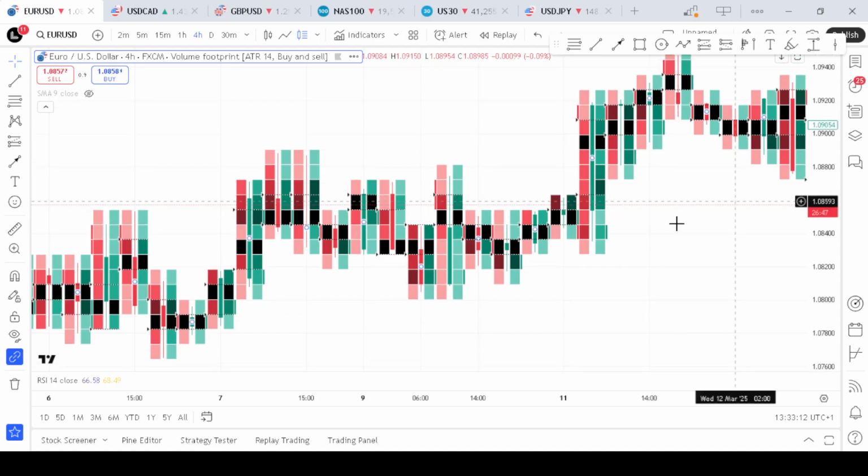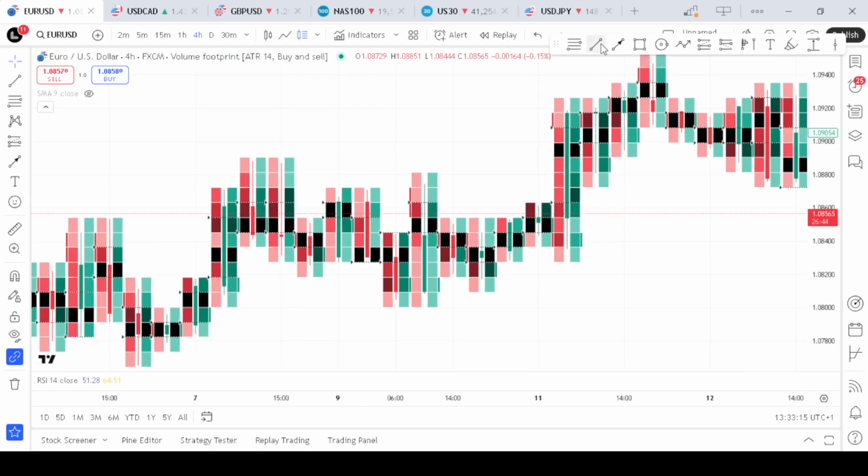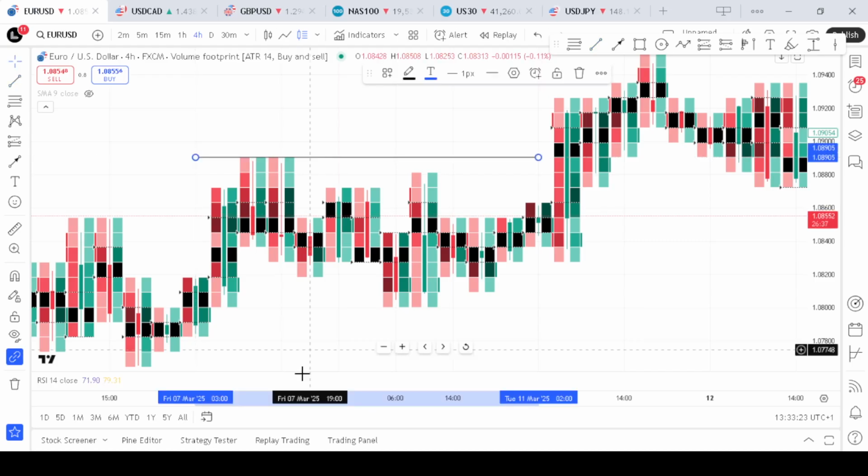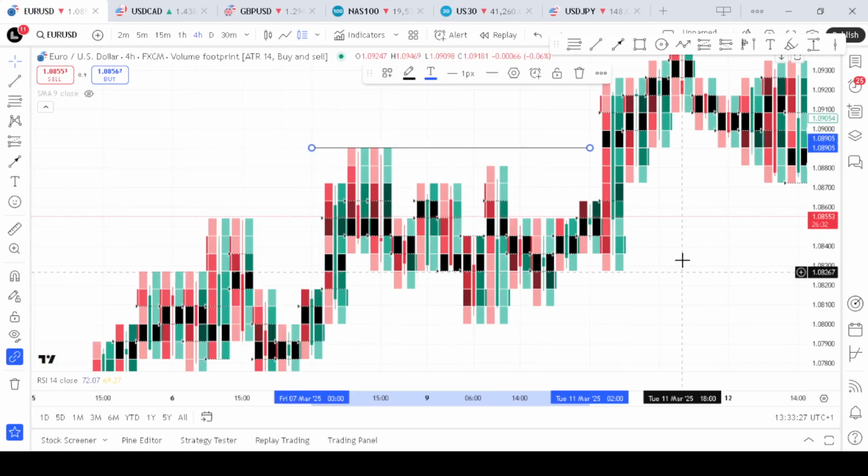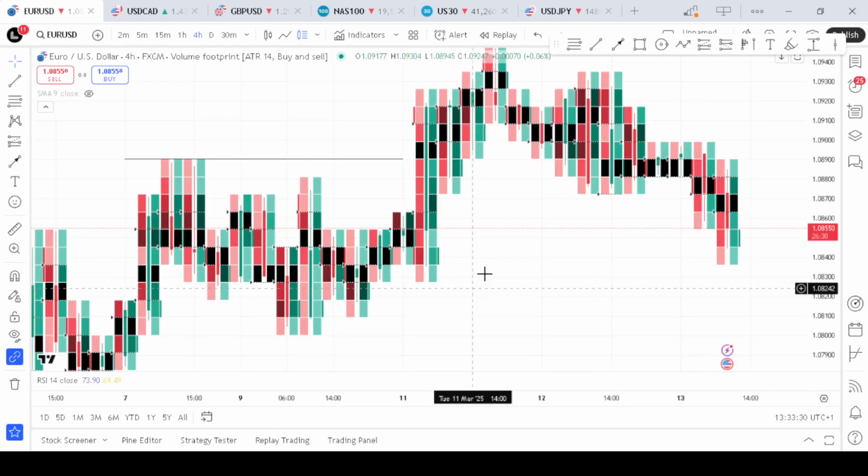When price breaks through a key level on the chart, the breakout is more likely to continue when using the volume footprint chart. Similarly, if price is making a new high but with declining volume, the divergence may signal a potential reversal.